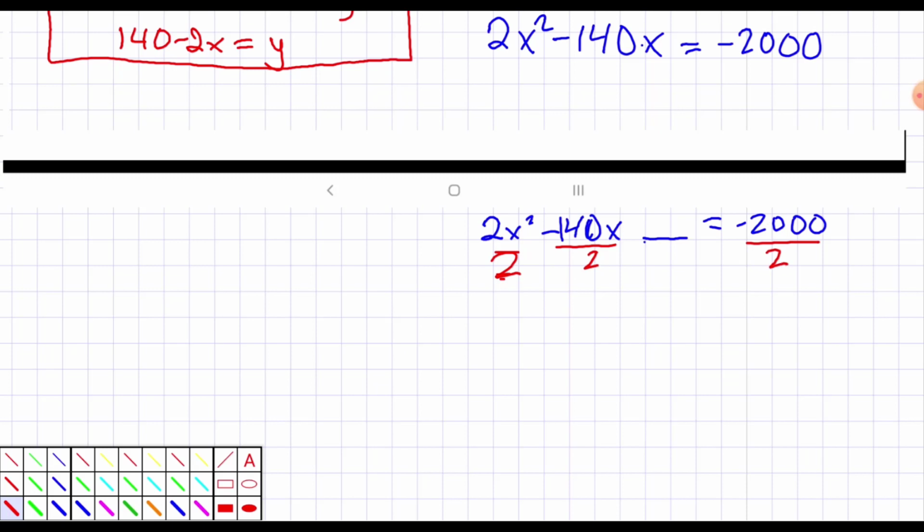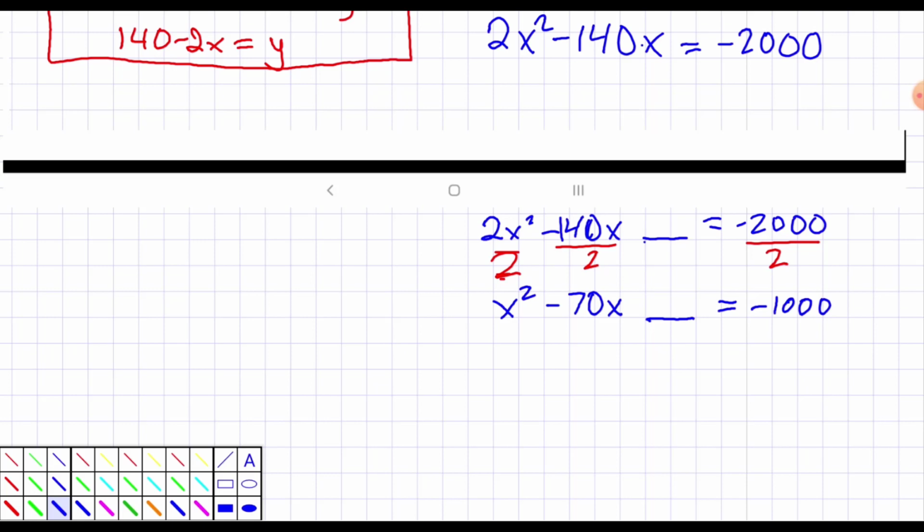So this is going to become x squared. And it's not writing nicely right now. I don't know why not. X squared subtract 70x, little space there, equals negative 1,000.